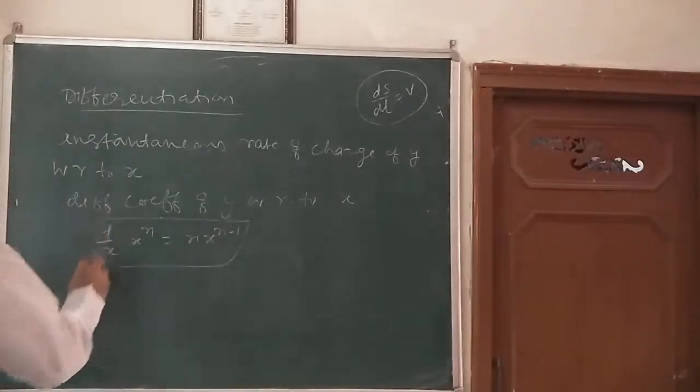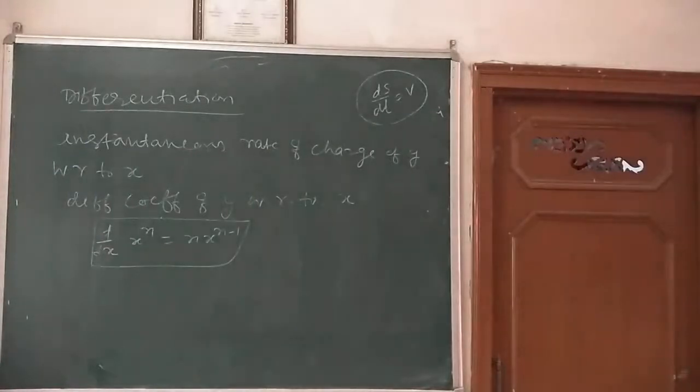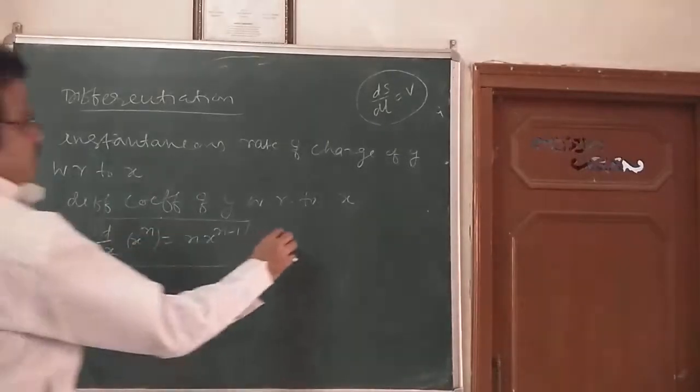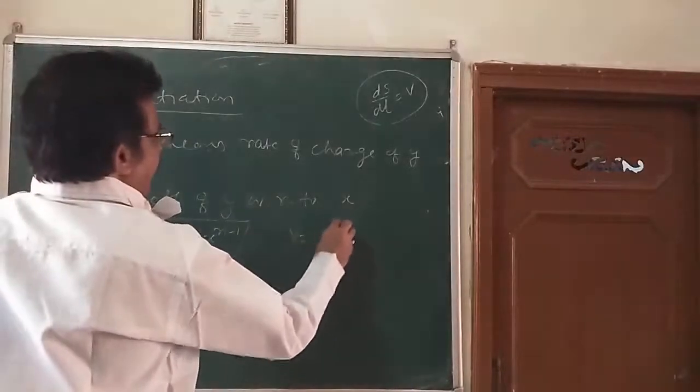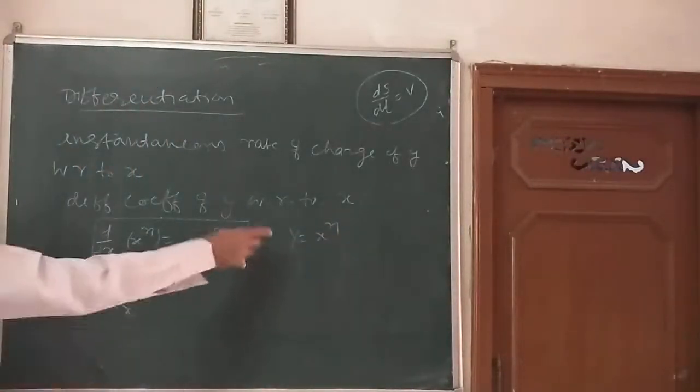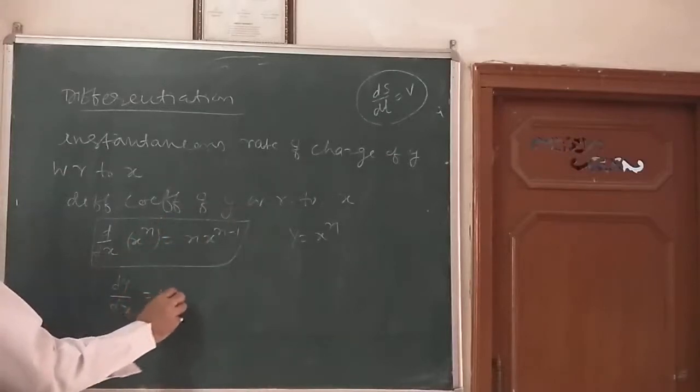You have to remember this formula. dy dx of x to the power n is equal to n x to the power n minus 1. Suppose y is equal to x to the power n, then dy by dx, differentiation of y with respect to x, is equal to n x to the power n minus 1.